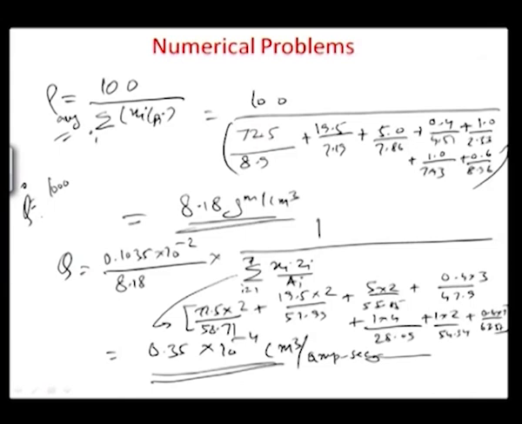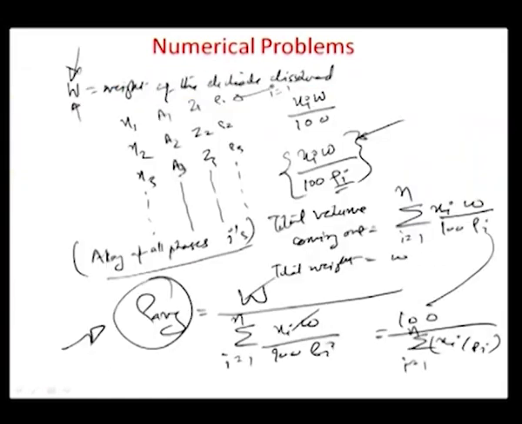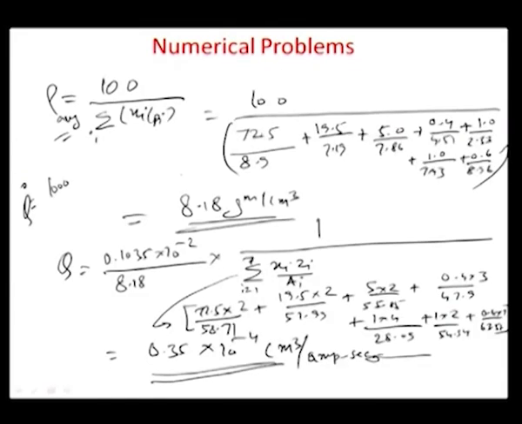And we want to estimate the material removal rate in centimeter per minute. So, therefore, whatever value we have, we will have to multiply that by 60. Okay. So, this is charge per unit seconds, and this would be charge per unit minute times of whatever volume comes per unit charge, which is 0.35 10 to the power of minus 4, as you can see from here, and this becomes 2.1 centimeter cube per minute.